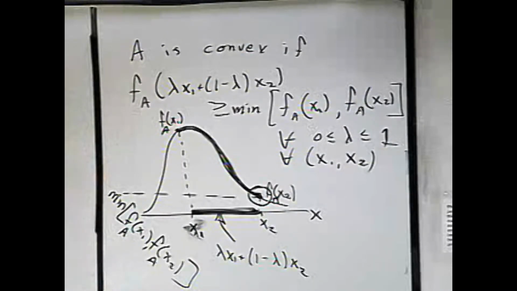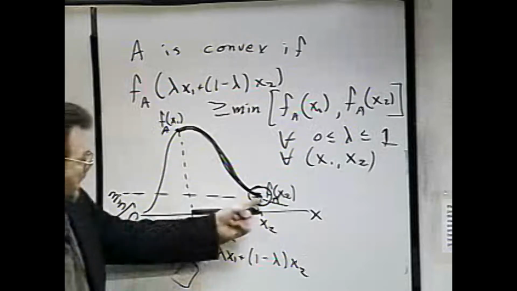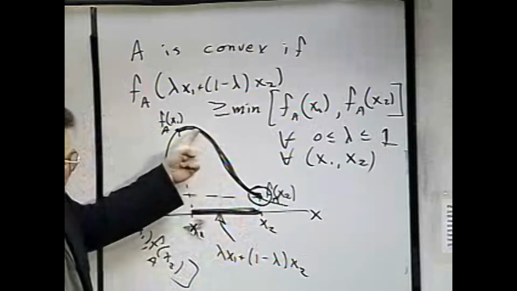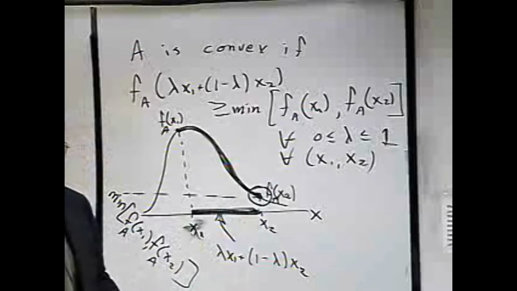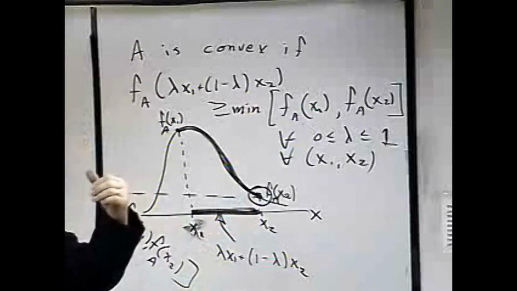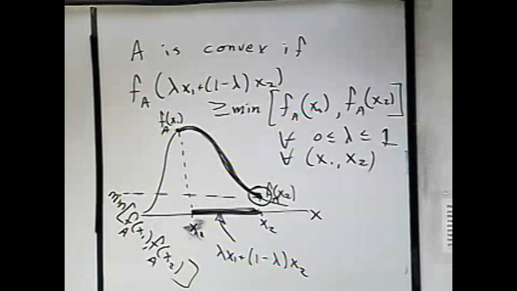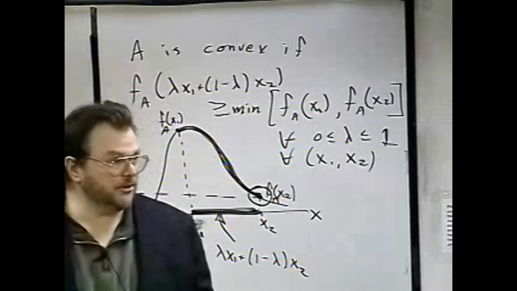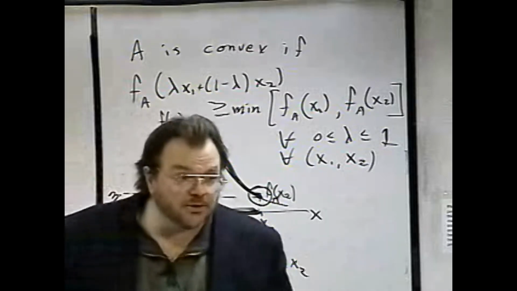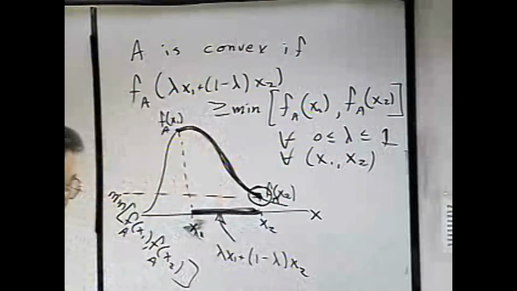So for this particular choice of points, x1 and x2, do all of the other points in this interval always exceed this minimum value? In this case, yes. All of them are above that minimum value, aren't they? And if this is true for all values of x1 and x2, then the fuzzy set is a fuzzy convex set, and it's an equivalent alternate definition to saying that all of the alpha cuts are crisp convex sets.